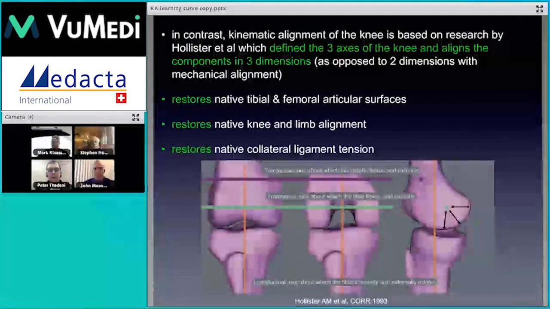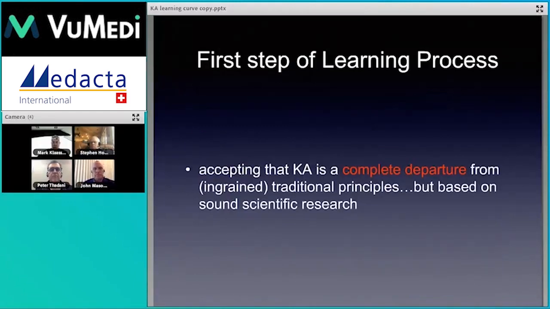With kinematic alignment, in contrast, it's a much different way of thinking. Kinematic alignment is based on research by Hollister and others that define the 3 axes of the knee and aligns the components in 3 dimensions, interestingly as opposed to aligning in 2 dimensions with mechanical alignment. And the goals are to restore the native distal femoral and proximal tibial articular surfaces, restoring the native knee and limb alignment, and restoring the native collateral ligament tension, so a much more natural or anatomic reconstruction of the knee joint.